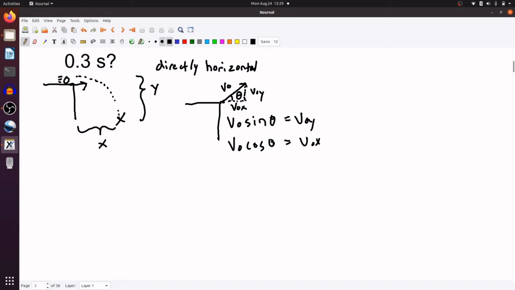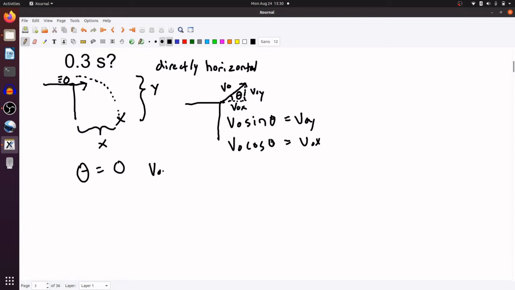I start off kind of simple, directly horizontal, because, well, why is it simple? If this were to leave at, let's say, 30 degrees, then we would do v naught sine of 30, v naught cos of 30, okay? But it's not 30. If it comes off directly horizontal, your theta is going to be 0. This is kind of like a trig review, but I know that my initial velocity is 9 meters a second.